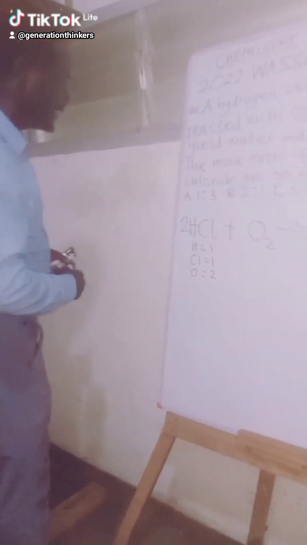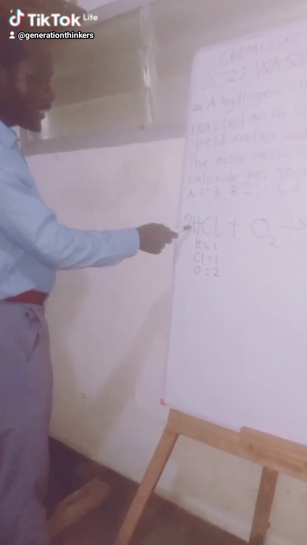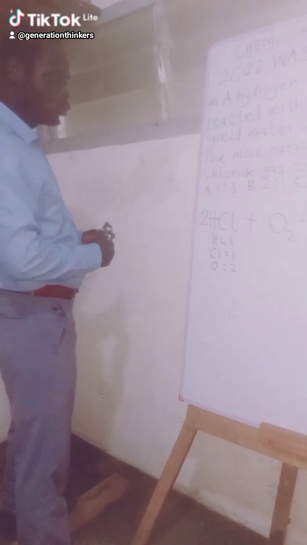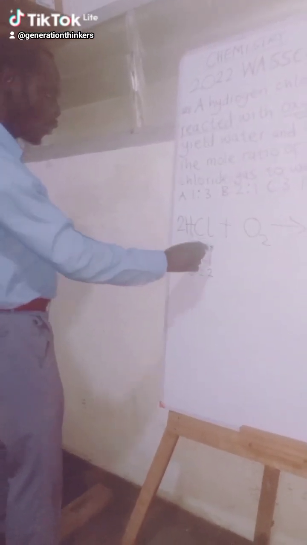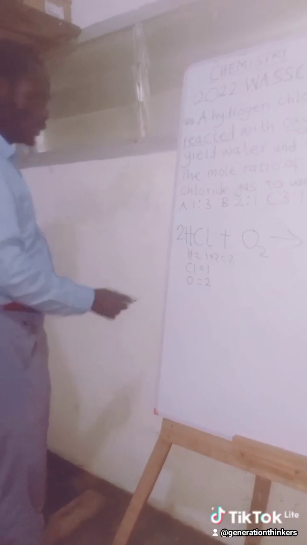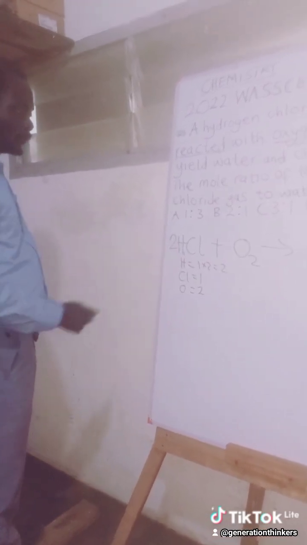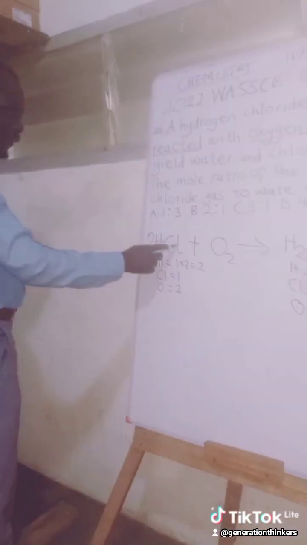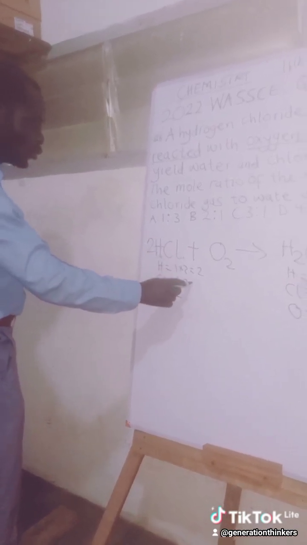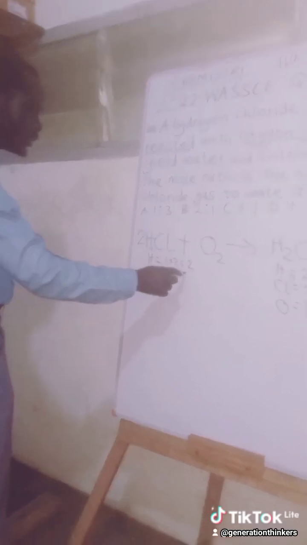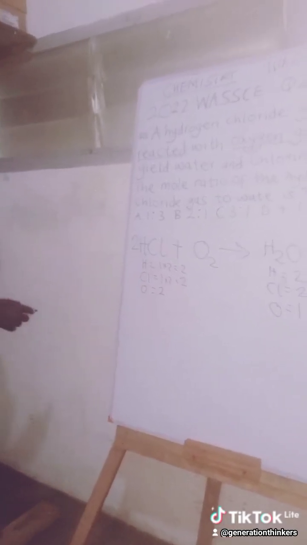So this simply means that the hydrogen at the reactant side has become 2, because 1 times 2 gives us 2. Now the same 2 also affects the chlorine, which was 1 at the reactant side, and it changes into 2 atoms of chlorine.